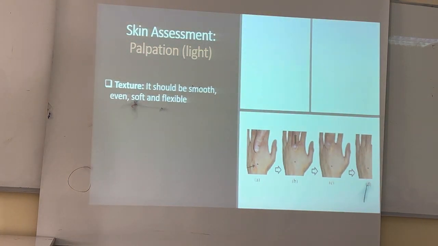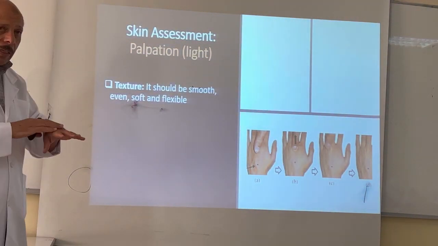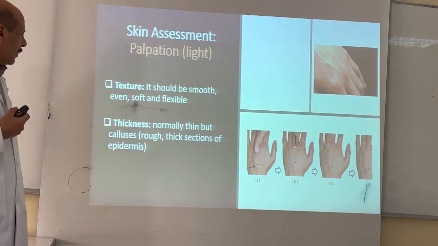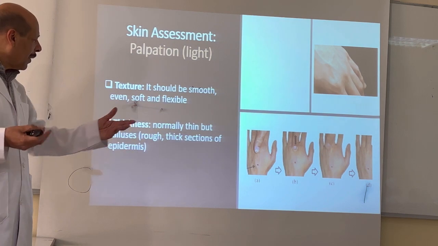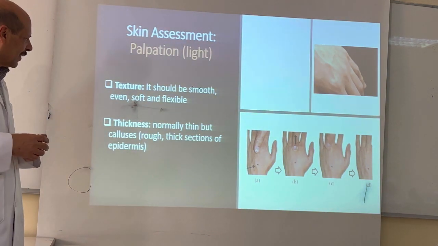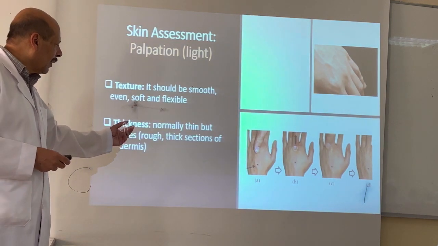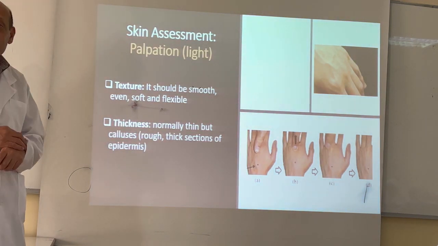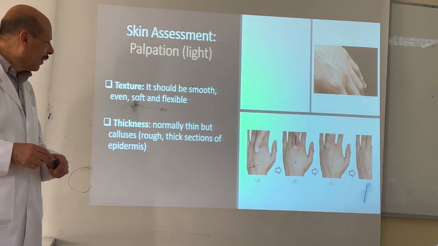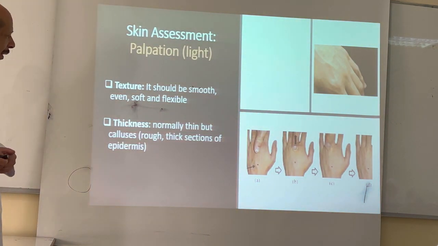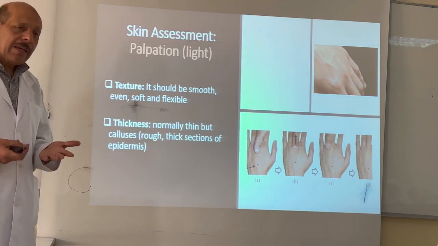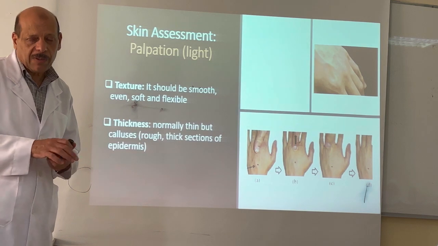So it is smooth, even, and soft and flexible. So the thickness, normally the skin is thin and depends upon the site of the skin. We might have rough skin, rough, meaning coarse. The thickness of the skin depends upon also.